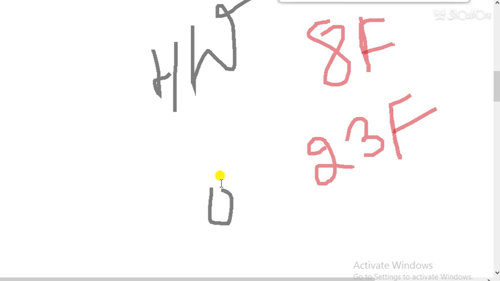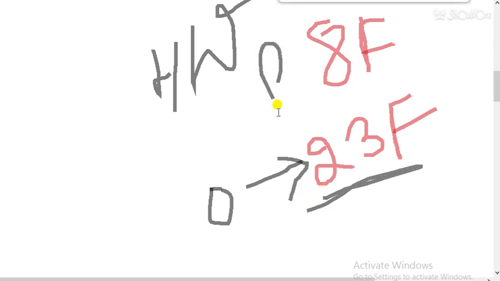This is the value of 23 farad I have to obtain, and I have the capacitance of 8 farad. So students, you have to do this question in your notebook.